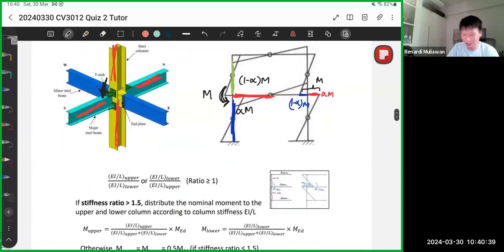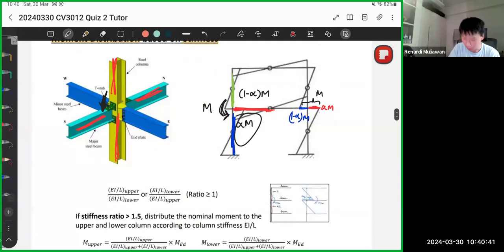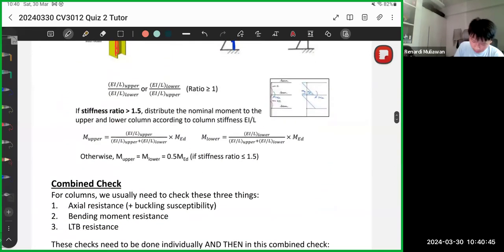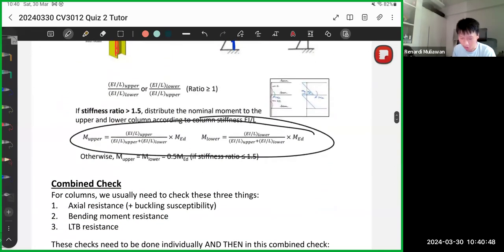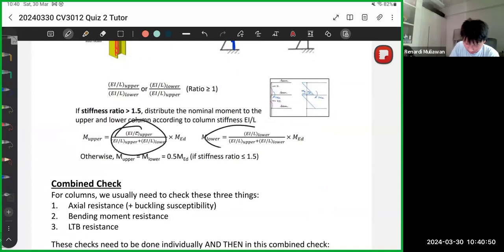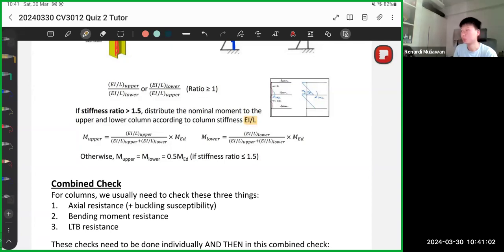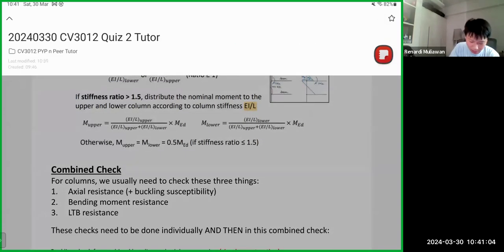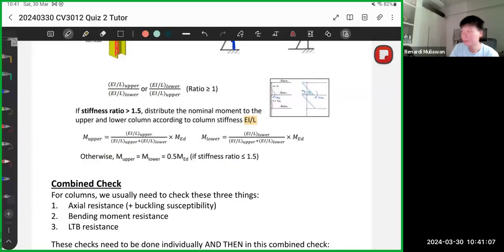So now the question is, what's alpha? What's the ratio? The ratio is based on what we call stiffness. The stiffness of the column is EI over L. Sometimes they give the stiffness, sometimes you need to find it yourself. EI usually is the same for top and bottom column.